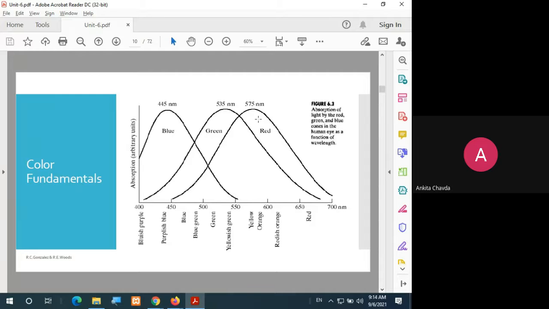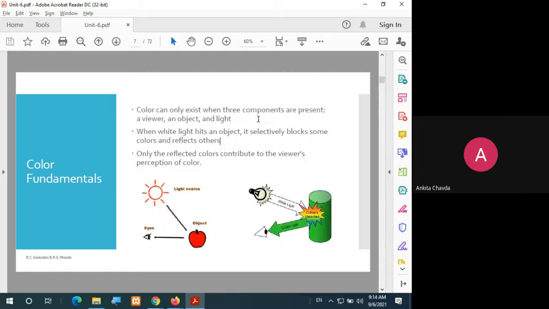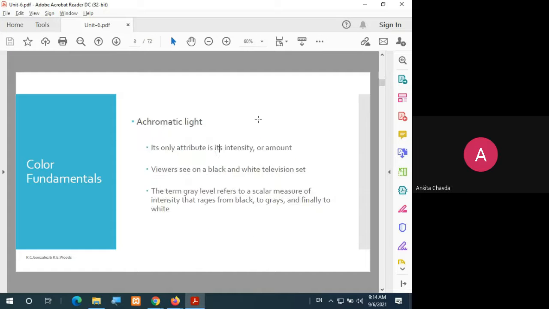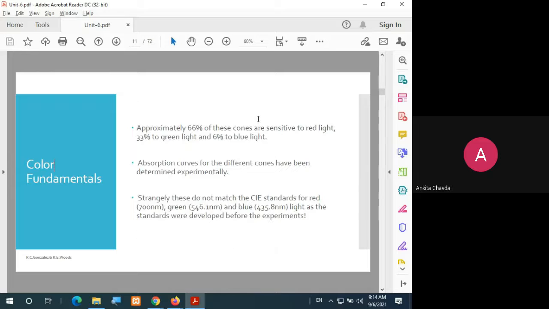This is totally opposite to the numbers they have given as the standard. The CIE is the standard, and according to that standard, for red color the wavelength should be 700 nm, for green it should be 546, and for blue it should be like this. But that is totally opposite to the original practical experiment.